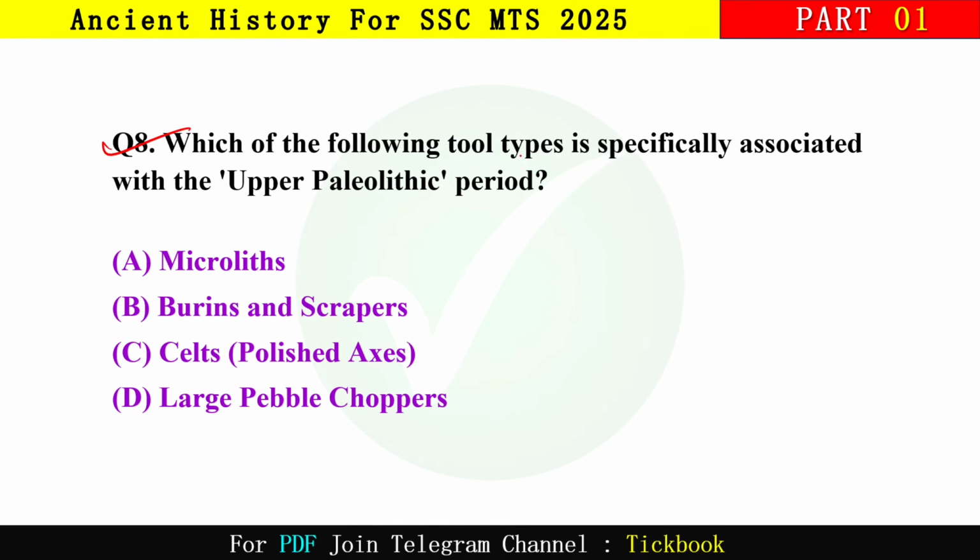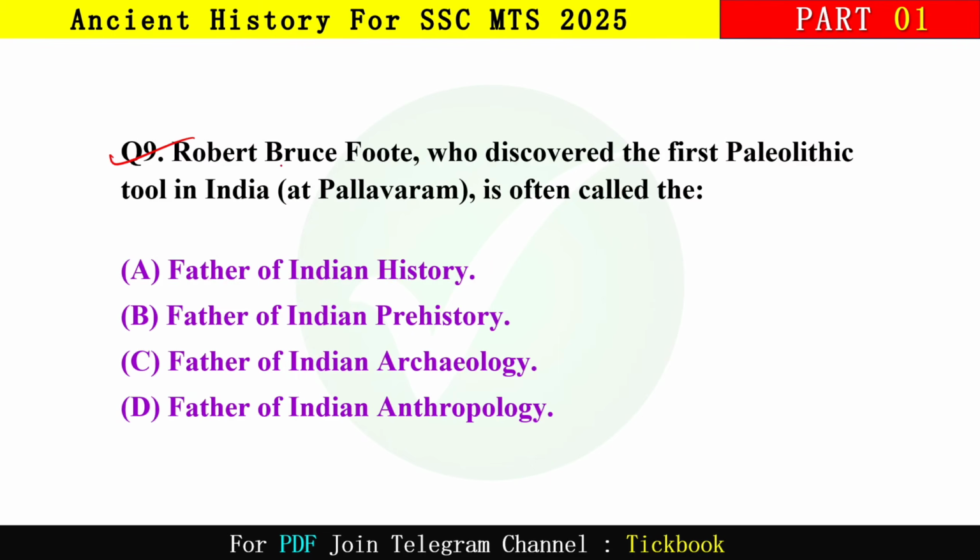Question 8, which of the following tool types is specifically associated with the Upper Paleolithic period? Option number B, burins and scrapers. Question 9, Robert Bruce Foote, who discovered the first Paleolithic tools in India at Pallavaram, is often called the?